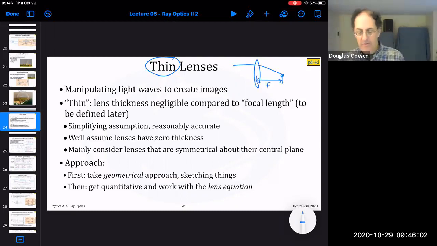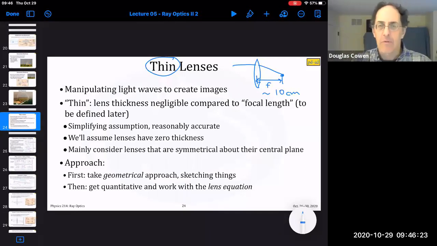The definition of a thin lens is that the thickness of this lens that I've drawn here might be less than 0.5 millimeter, whereas this focal length could be 10 centimeters. So that's the definition of thin: the lens is really thin compared to that focal length. This is a reasonably accurate assumption, and it helps simplify things. We're also going to assume that lenses have essentially zero thickness, because that's even easier.